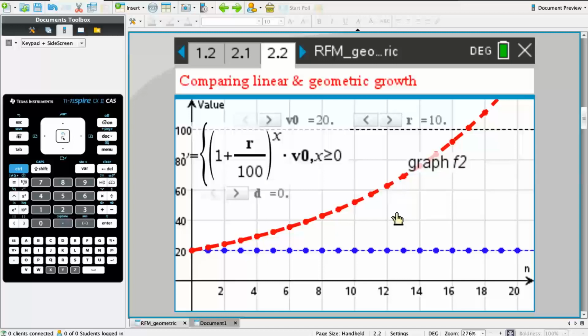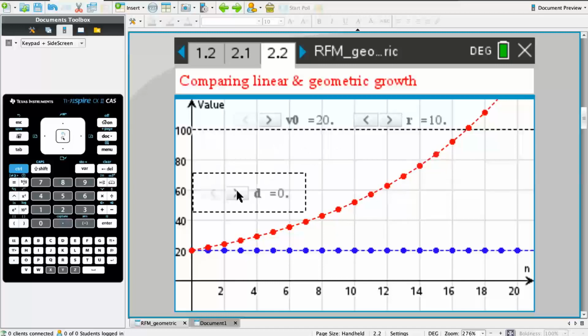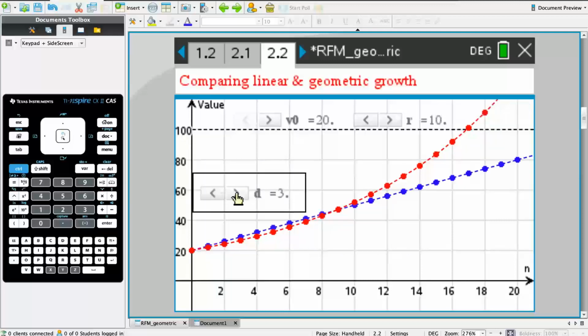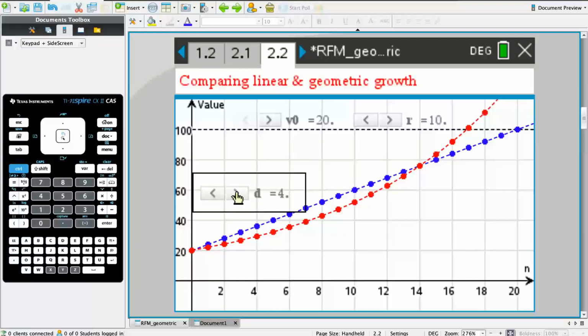Okay, so now I'm going to try to change the D value, and I'm going to try to make it so that the blue graph intersects at about that same point, just to give you the idea. So we increase the gradient to 3, so that 3 means I'm increasing by 3 centimetres a year. That won't be enough. 4, and 5.